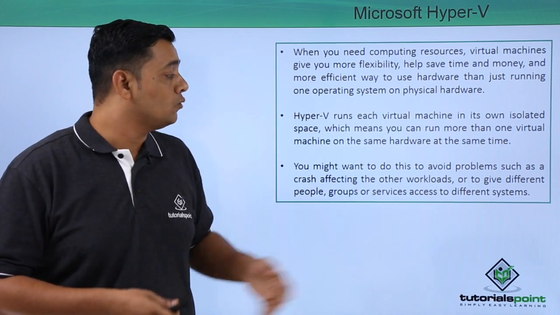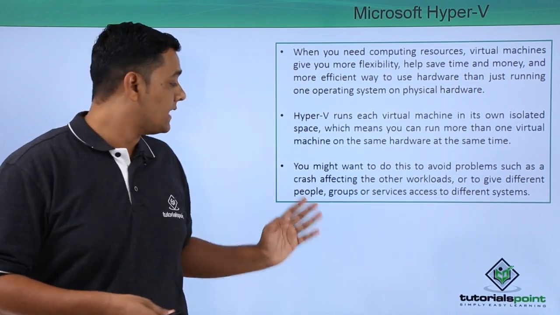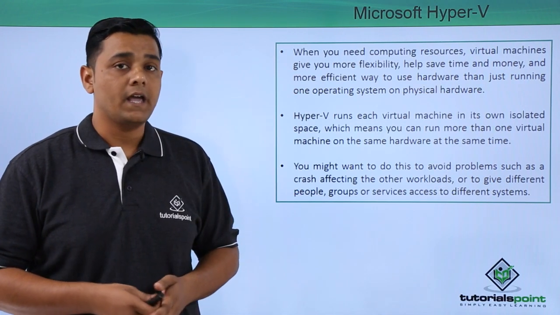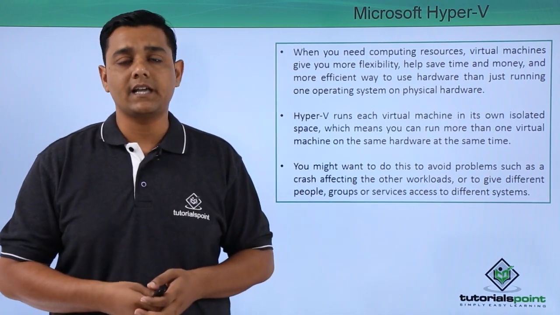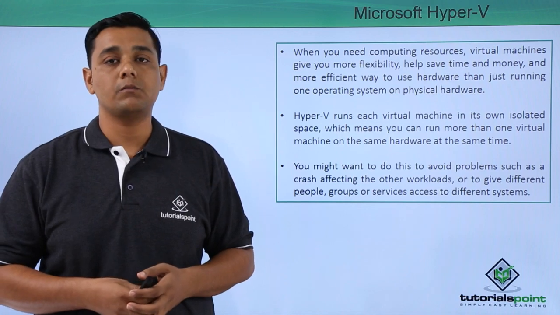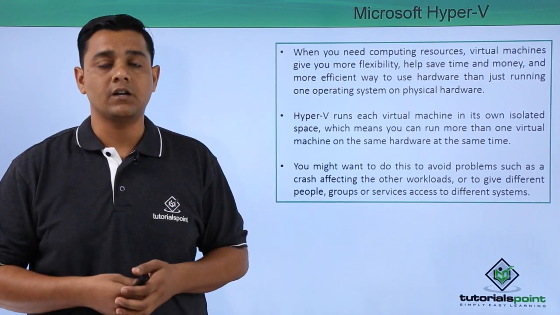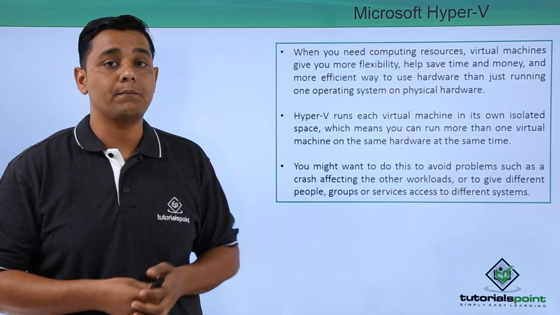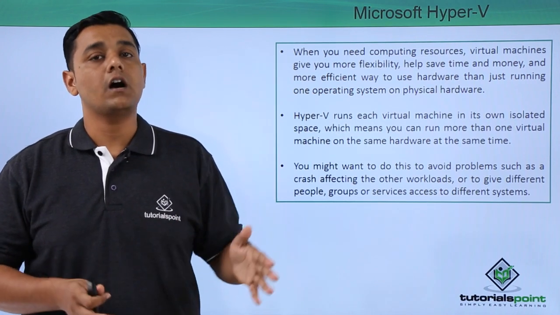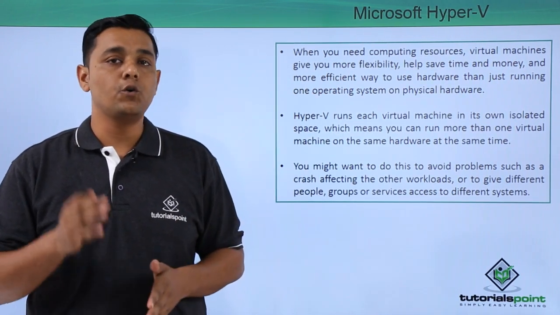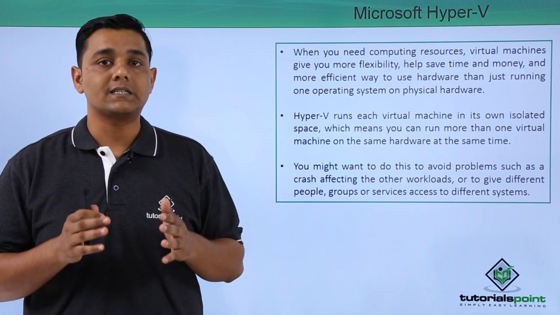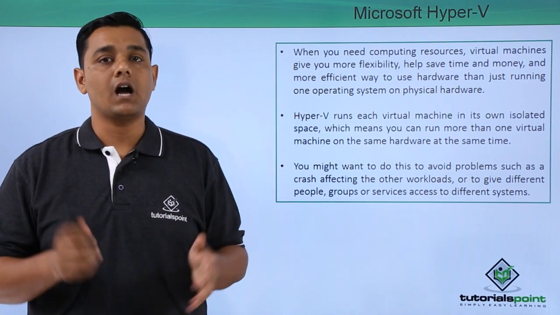You might want to do this to avoid a problem such as a crashing effect. As an example, if you have more than one virtual machine in a hypervisor, or as we can see in Microsoft Hyper-V, and one of the operating systems crashes, you need not worry because it runs isolated on that particular hardware.